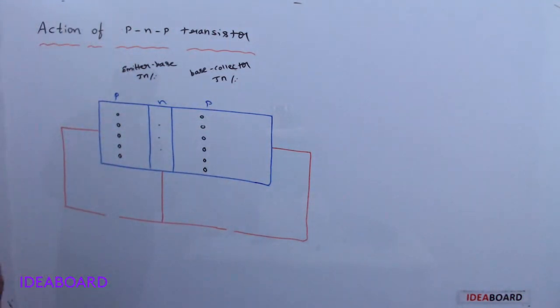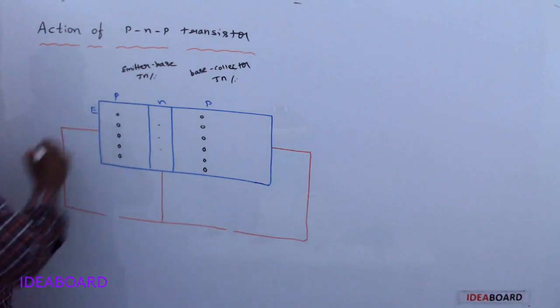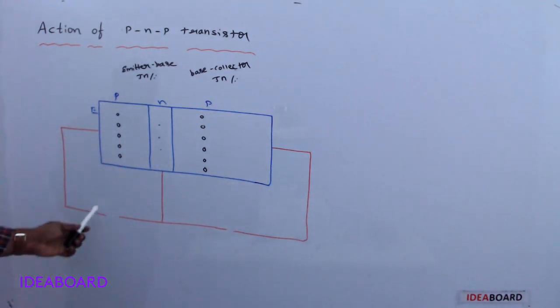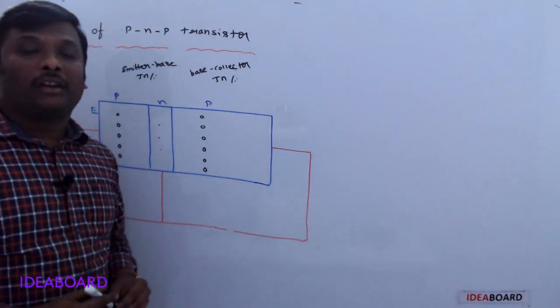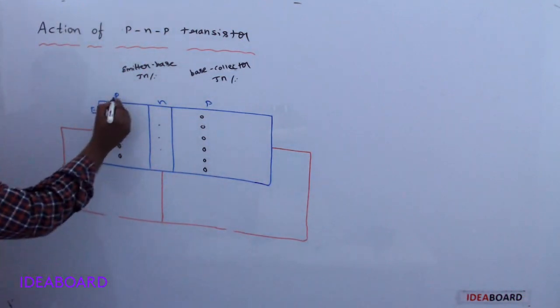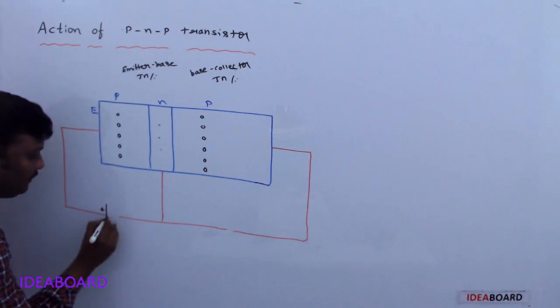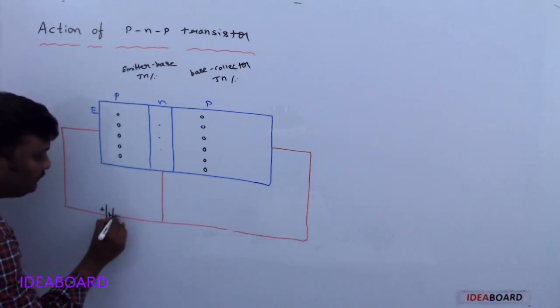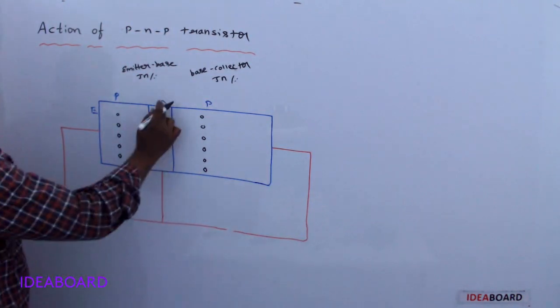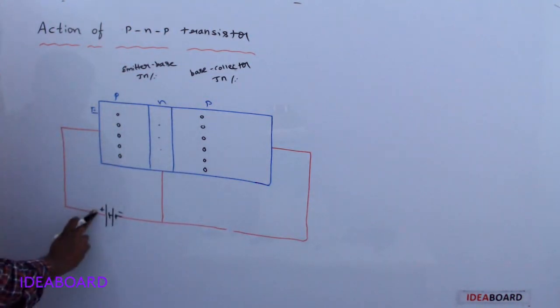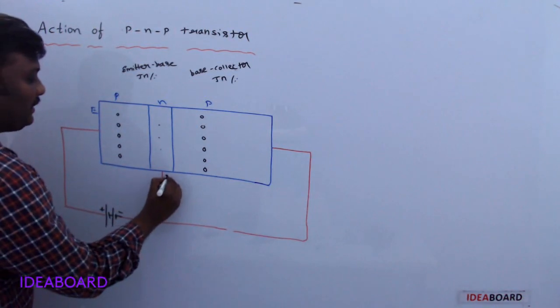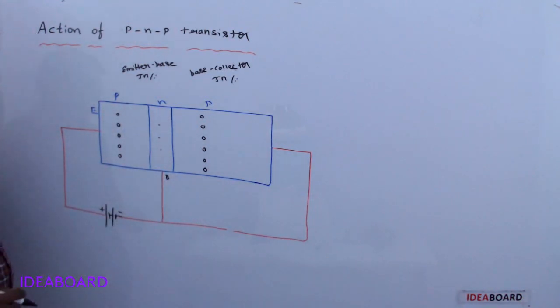Okay, we said the emitter is always in forward bias with respect to any part of the transistor. So emitter forward bias means P is connected to the positive terminal of the battery and N is connected to the negative terminal of the battery. So the emitter is connected to the positive terminal of the battery, and the base is connected to the negative terminal of the battery.